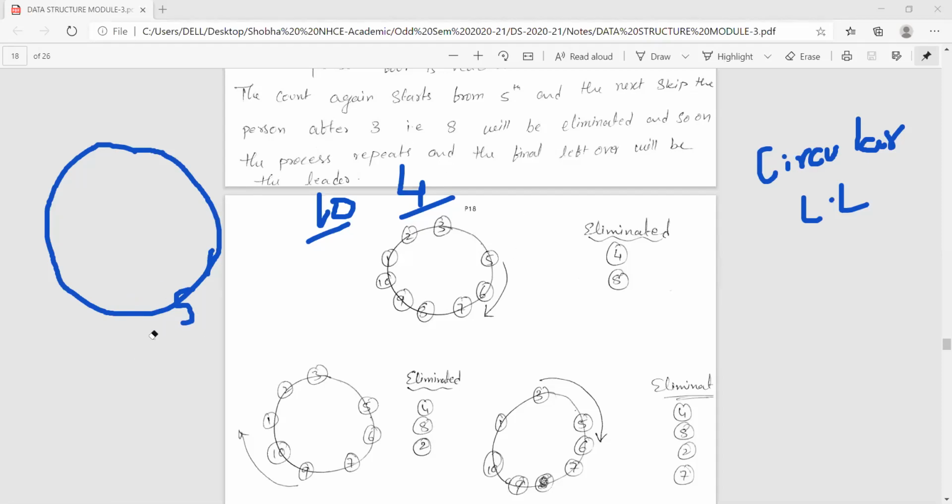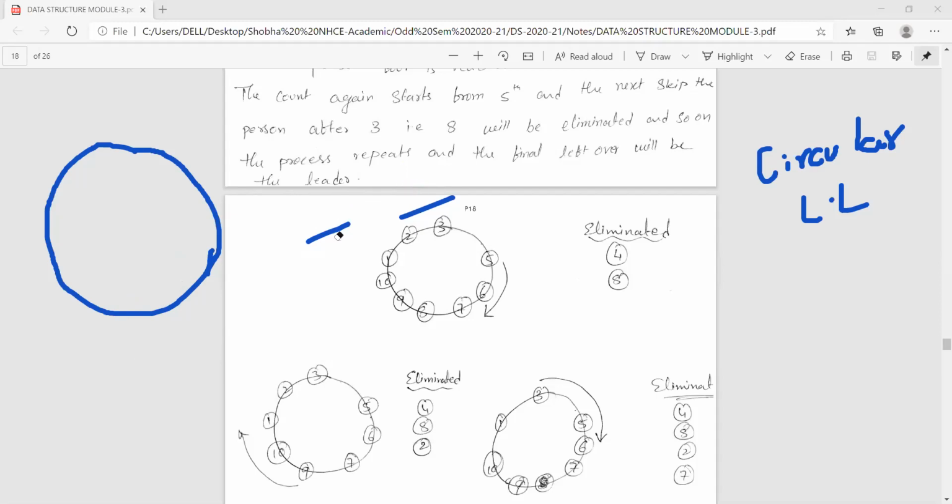Now whoever is left, that is 5, is your winner or leader among the people. For the chosen condition, 10 and 4, will 5 always be the winner, ma'am? Yes, exactly, in this case it will be 5 only. If I change this number, different people will come.